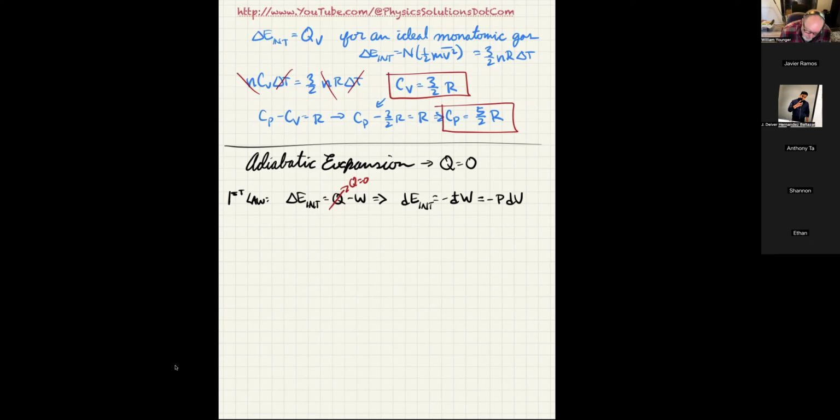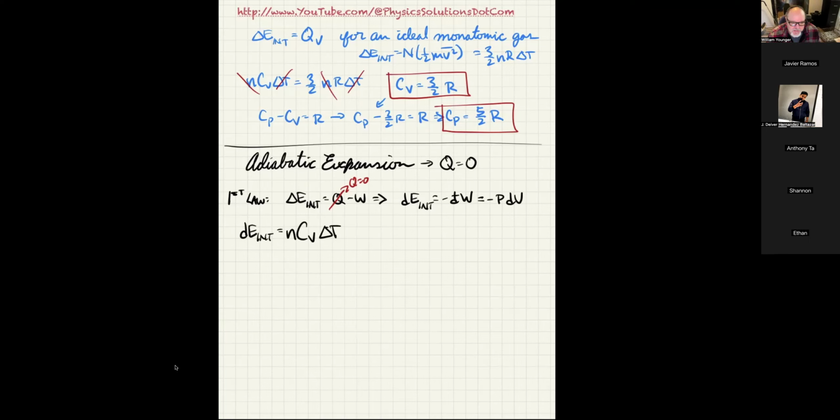We also know that when we deal with heating up a gas at constant volume, then dE internal, since it's at constant volume, is ultimately just going to be Q. So dE internal is going to be a result of heating at constant volume, so that's going to be N CV times delta T.